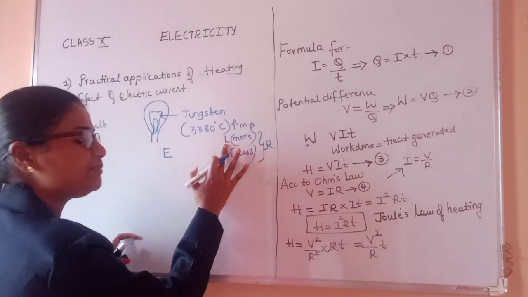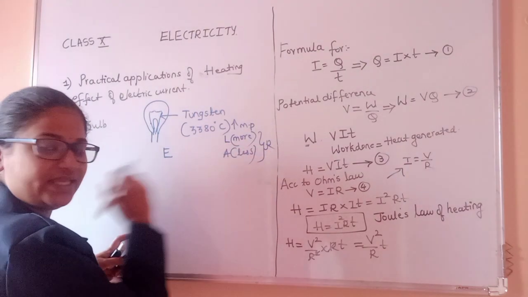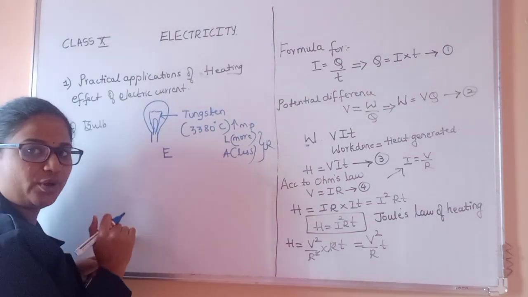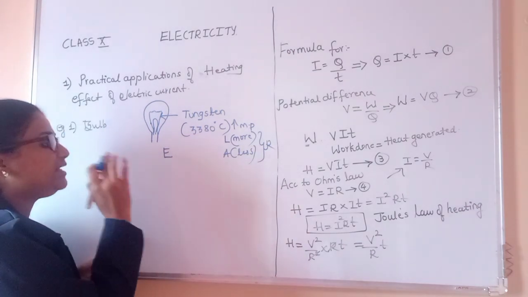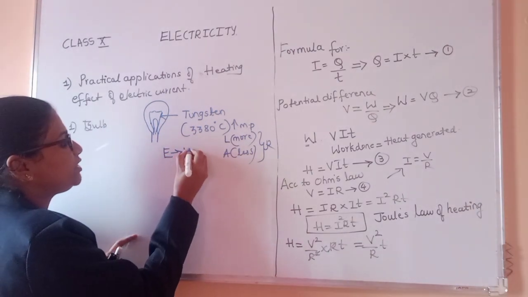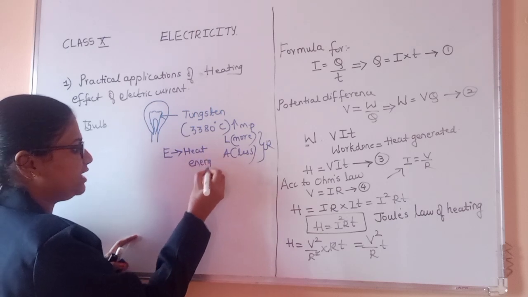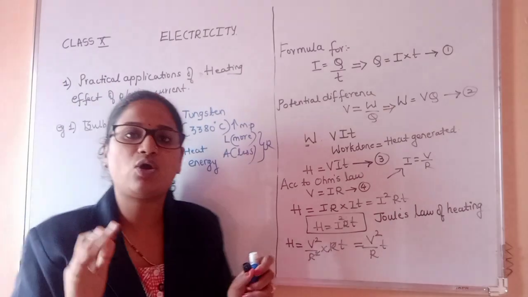Resistance is directly proportional to length and inversely proportional to area. So it has a high resistance and a high melting point. When electrical energy is passed through it, the electrical energy is converted into heat energy. As it has a very high melting point, it will not melt.